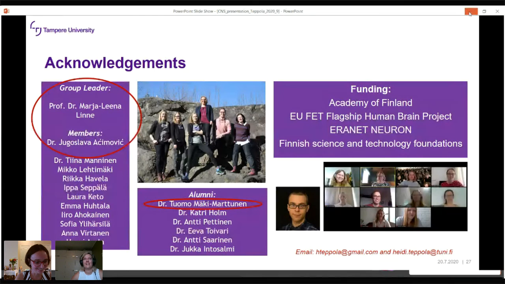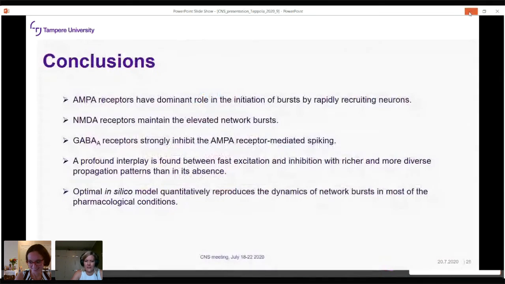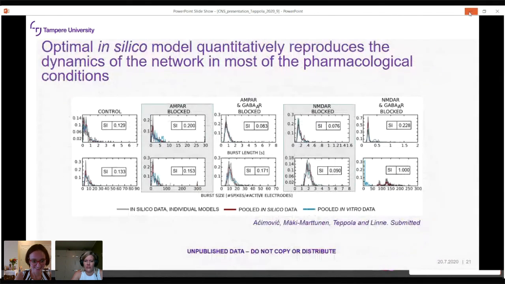Yes, so most of the experimental or pharmacological conditions were reproduced, and I can go back to this slide. With the NMDA and kainate blocked condition, we had some challenges, and this is most probably due to the lack of NMDA and kainate when there is only AMPA conductance, which makes it difficult to reproduce the results for burst size and burst length.